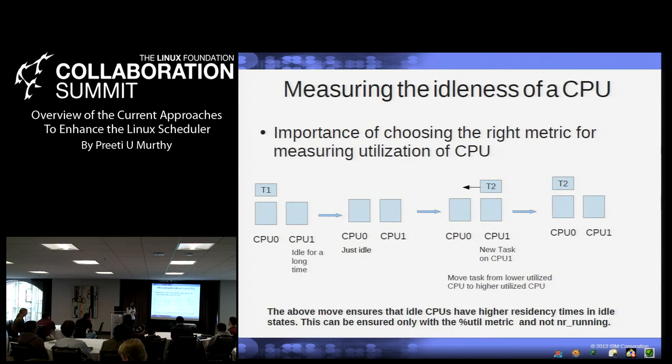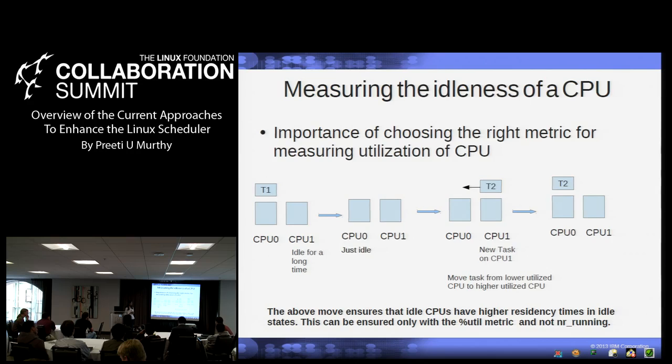So what you would ideally do is leave CPUs which have been idle for a long time idle. Try to put the task on a CPU which has just gotten idle, because chances are that it has not entered deep idle states. It can come out of its idle state very quickly. So we would want to move the task from CPU 1 to CPU 0, and that would be the final scenario, the last picture.